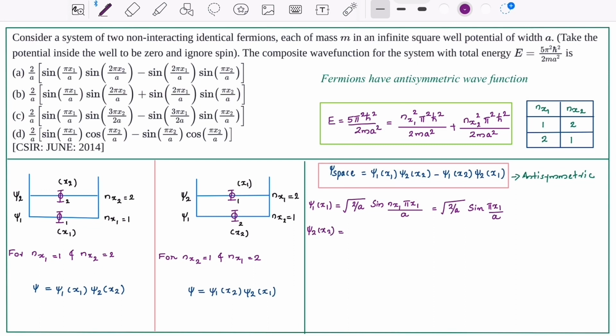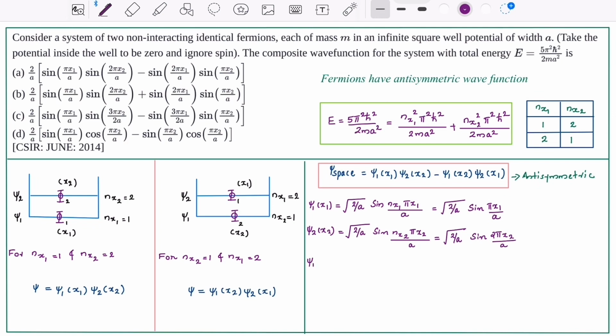What is ψ2(x2)? It is the wave function of the particle at x2, which is at the first excited state. The value is root of 2/a sin(nx2 π x2/a). For the first excited state, nx2 is equal to 2. Therefore the answer is root of 2/a sin(2π x2/a).